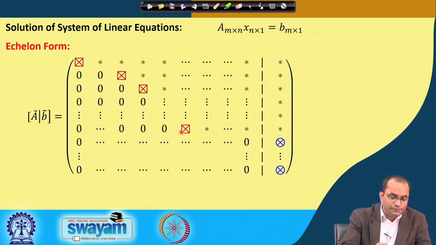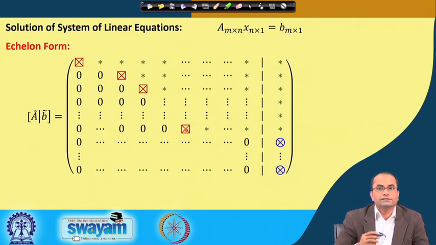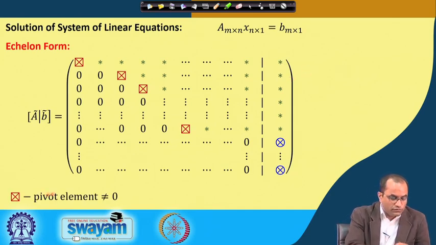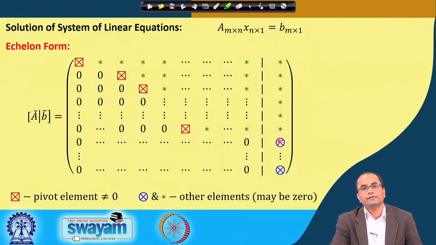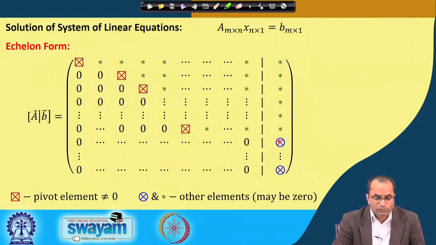Here we have these pivot elements which are always non-zero elements, and with this star symbol, these are the other elements, they may be 0 and they may not be 0.